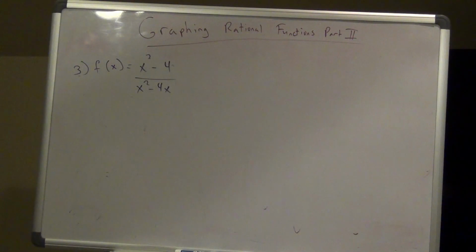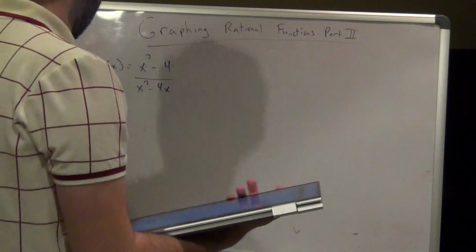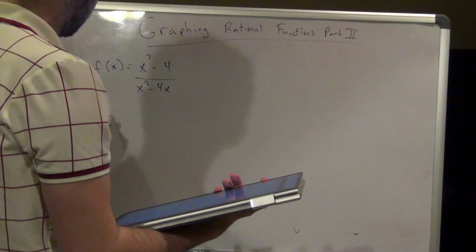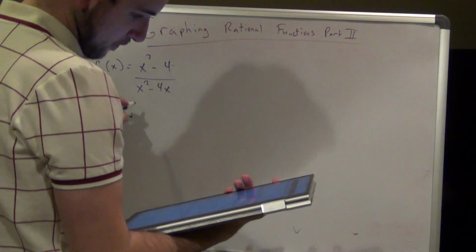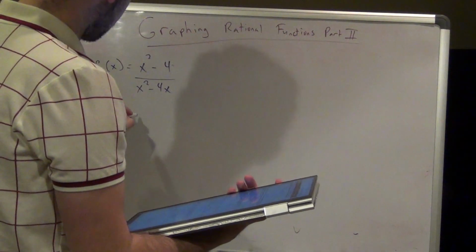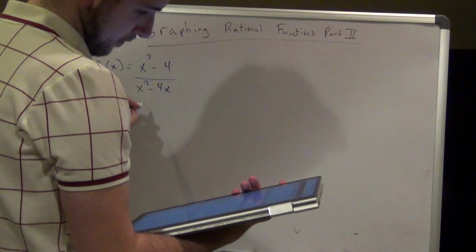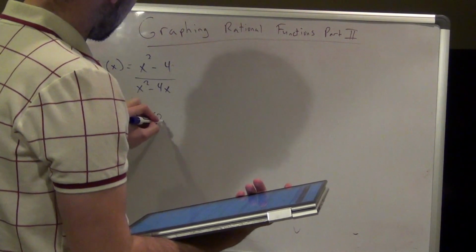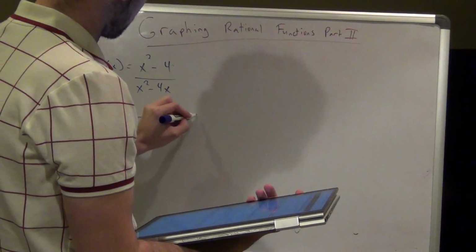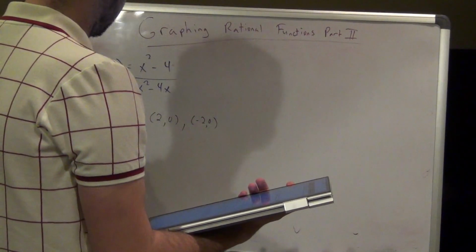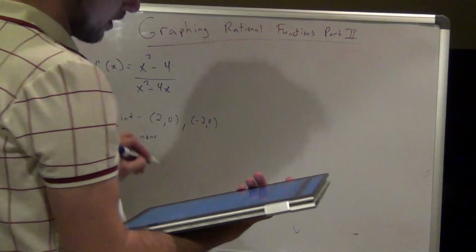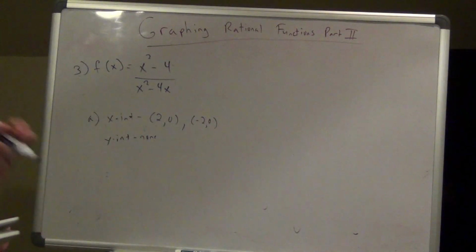So when we found this, we had two x-intercepts that were (2, 0) and (-2, 0). We did not have any y-intercepts though. There weren't any. Again, we did this on Friday. This is in the video on Friday if you want to go back to that first. So there's no y-intercept to this graph.